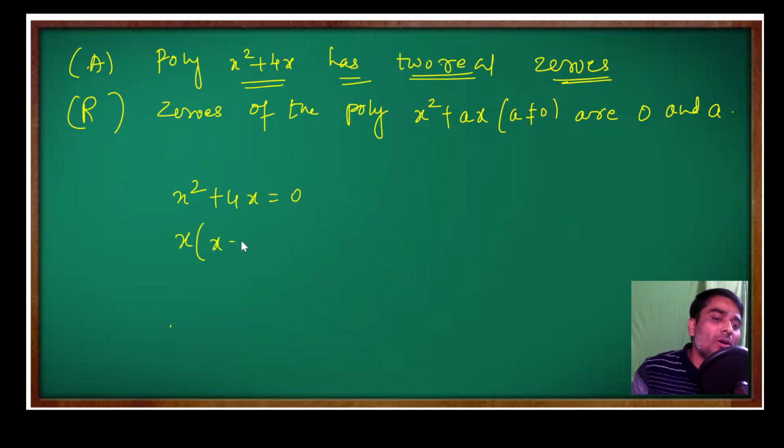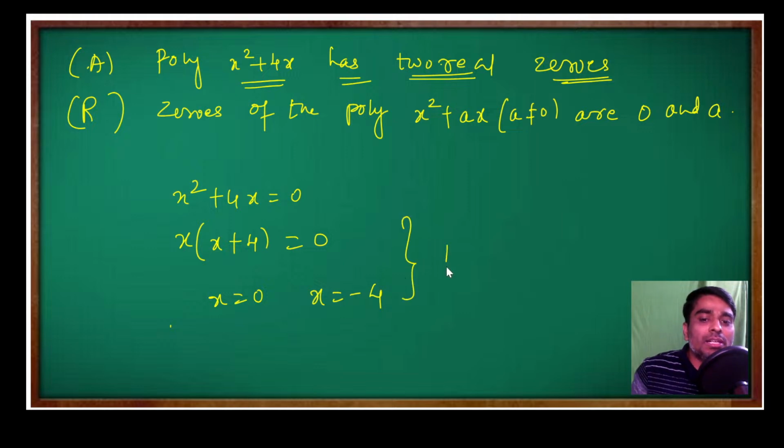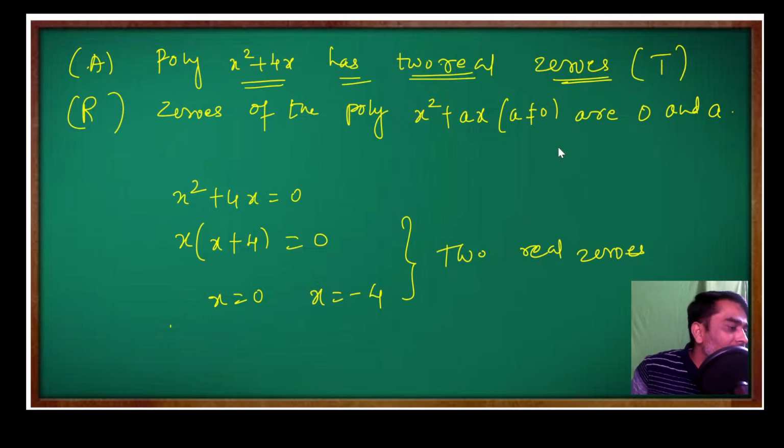Then take x common, this will be x equal to 0 and x equal to minus 4. These are the two zeros which you are getting. That means it has two real zeros. That means this is true. A is true, R is false. Okay, let's see what is R.